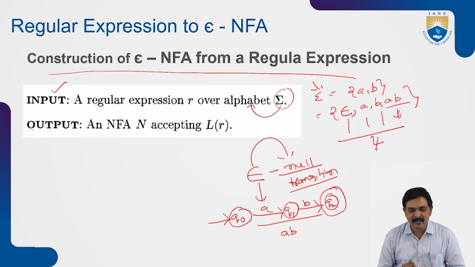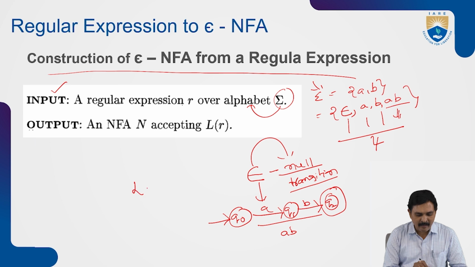These four strings can be defined by a language. The strings are null, a, b and ab.